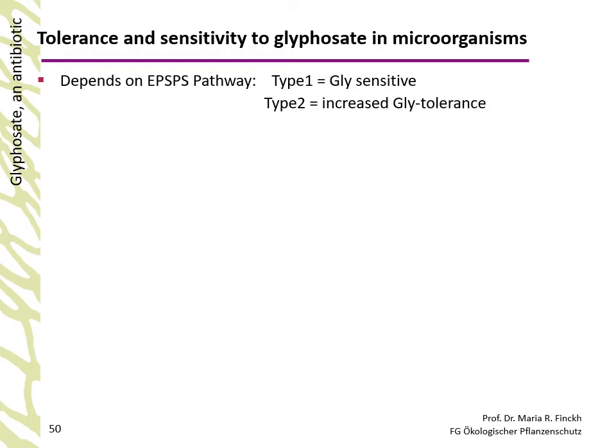We have this EPSPS pathway, the shikimate pathway that I presented before, that is responsible for the production of the aromatic amino acids. And there are two different, by now we actually know three different pathways to produce this amino acid. There is one pathway that is glyphosate sensitive, and there's one pathway that has an increased glyphosate tolerance. If you add enough glyphosate, you will also stop that.